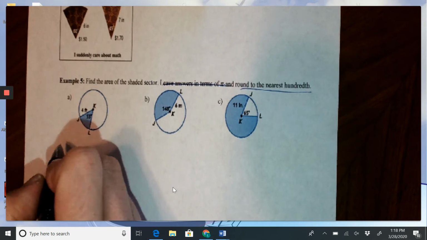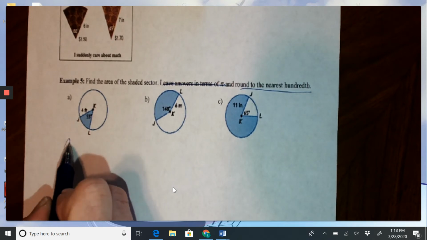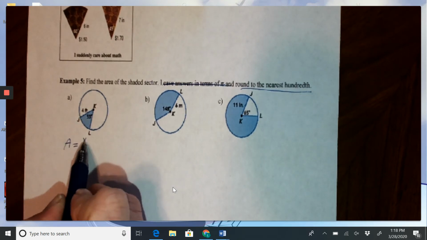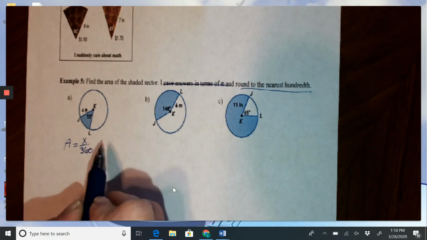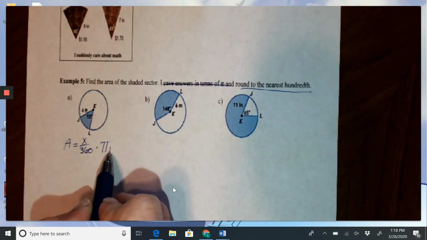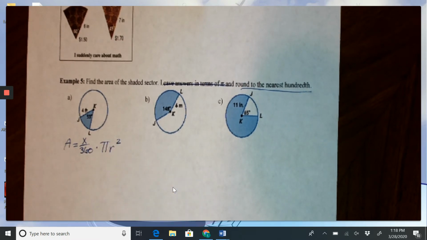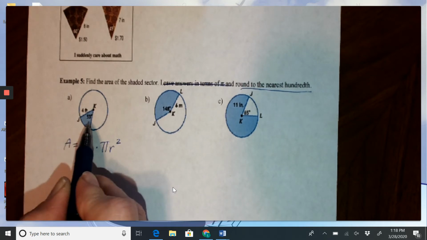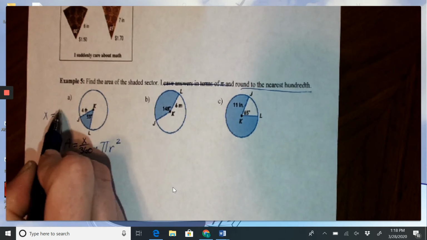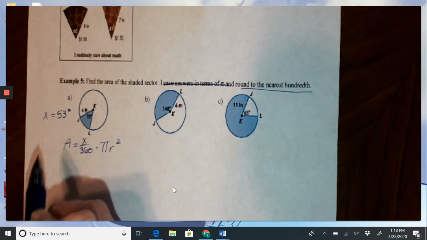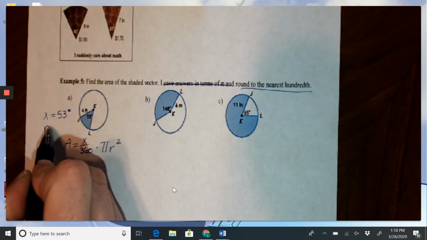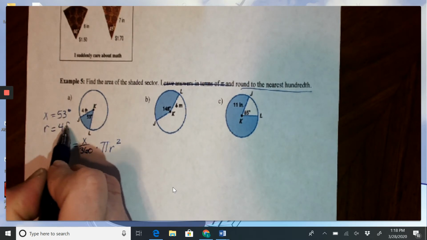So our first example, I'm going to write that formula so we just get used to seeing it: area is equal to x over 360 times pi r squared. In this situation, we know that our x is that central angle, 53 degrees, and our r is the radius, or 4 feet.